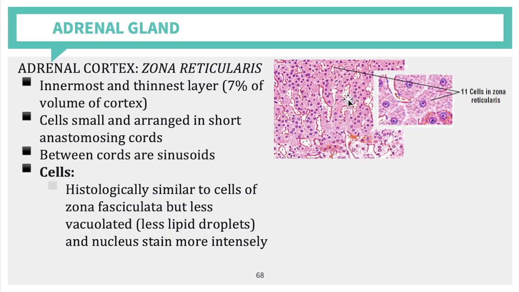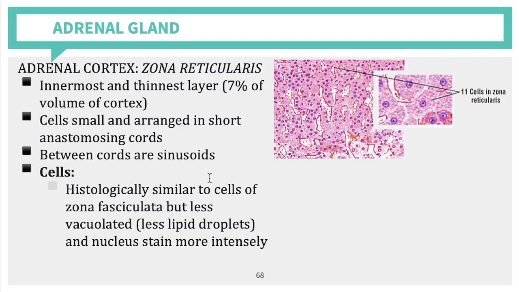At least you have a very nice picture of how we can identify. We can identify zona glomerulosa once we see irregular ovoid structures. For fasciculata, long cords. For reticularis, small and short anastomosing cords. I hope you can already picture this, okay?